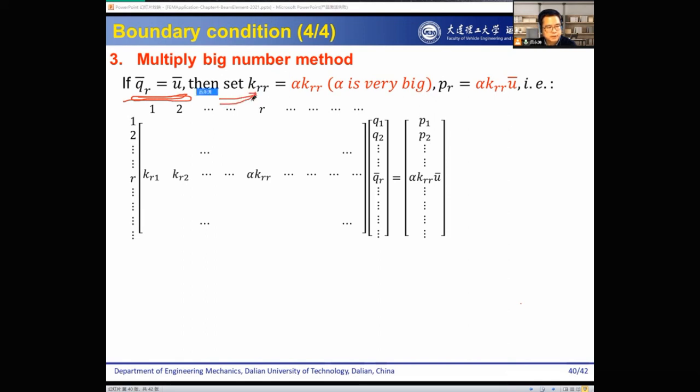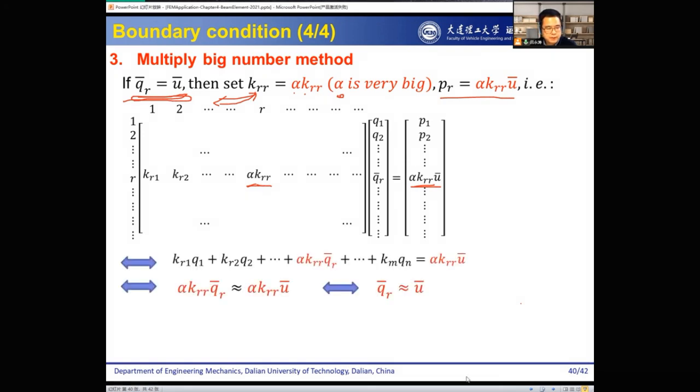We set QR equals alpha times KRR, where alpha is a very big value, and we set PR, the corresponding external force, equal to alpha times KRR U bar. Then we don't change other parameters, so we only set up these two parameters. Be careful here, alpha should be very big, very big meaning compared to other parameters.